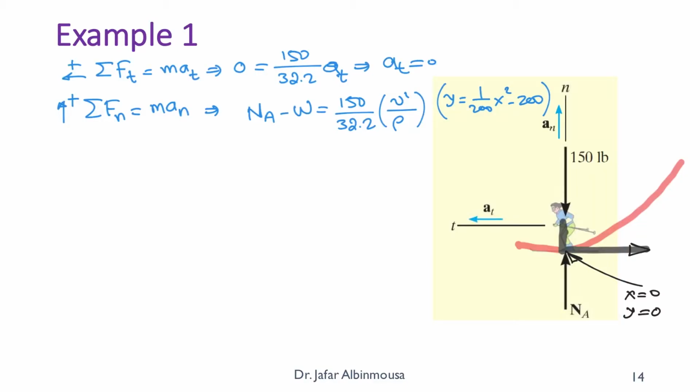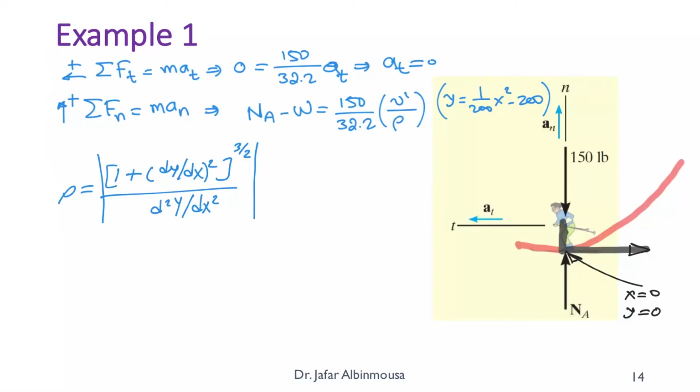So the curvature rho is equal to 1 plus dy over dx squared, all raised to the power 3 over 2, divided by d2y over dx squared. We don't forget the absolute value, but also we remember that this is at the location where x equals 0, right there. So what are we going to get?